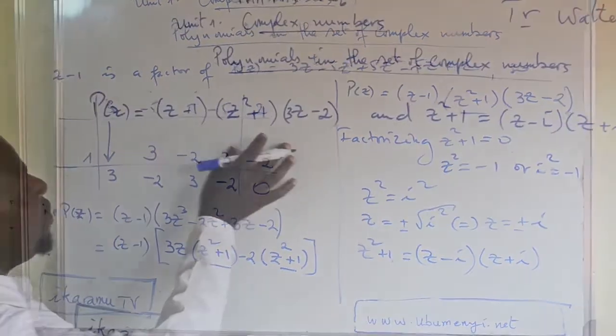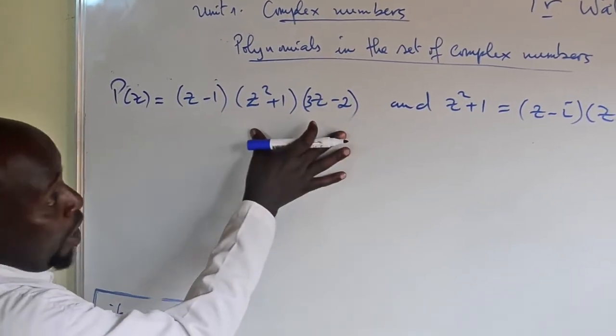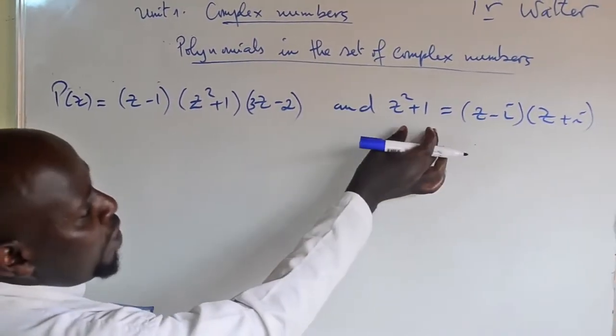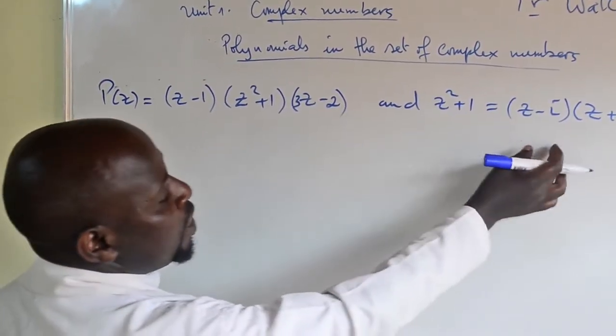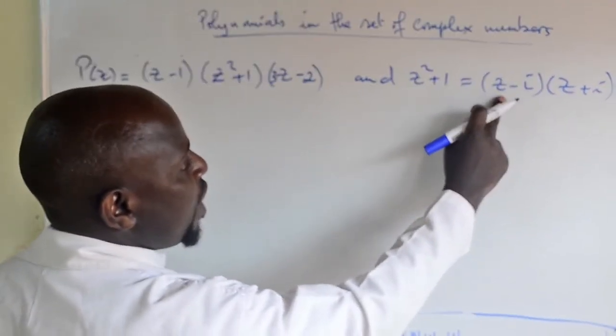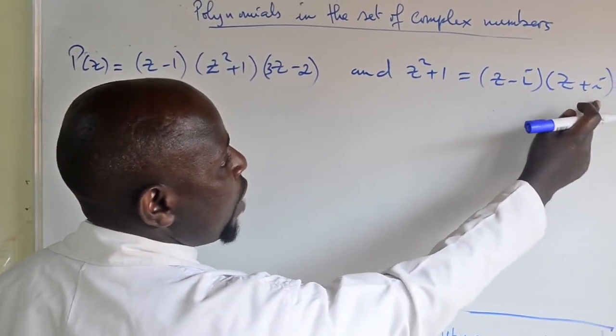Let's see it. After factorizing p of z at this level, we have seen how we have reached this level after factorizing z squared plus 1. We have seen that its factor form is z minus i factor z plus i.